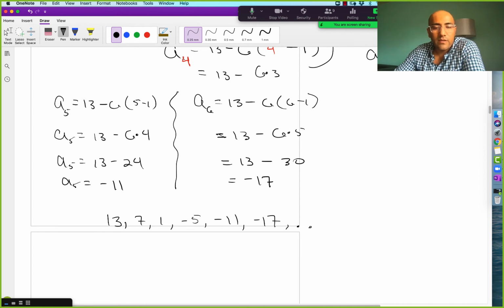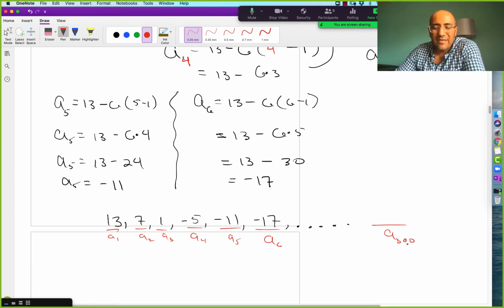Okay, but now the next thing they wanted was to find the 300th value. We found a sub 1, a sub 2, a sub 3, a sub 4, a sub 5, a sub 6, and so on. But now they want a sub 300. We could have easily gone by just subtracting 6 every time.